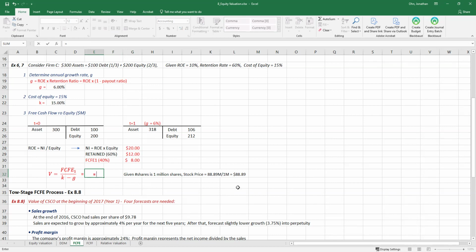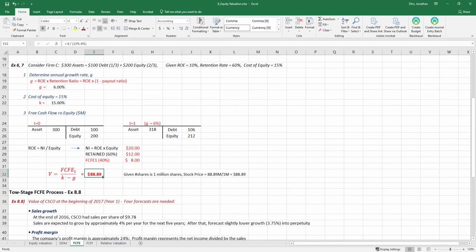So let's calculate this one here. Free cash flow to equity one is $8 million divided by k minus g. k is 15%, minus the growth rate of 6%. If you calculate that, it is $88.89 million. It is the total value of equity.